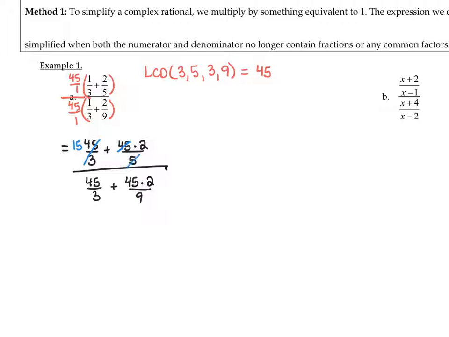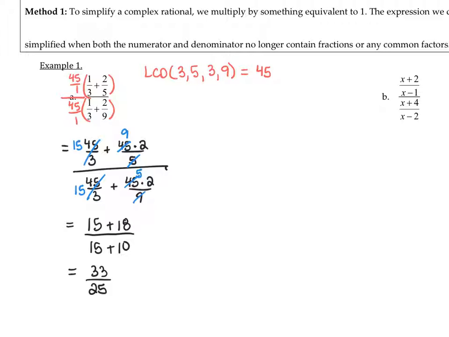Here I can do 45 with 5 and get 9 times 2. 45 over 3 again is 15. 45 divided by 9 is 5, or 5 times 2. So now I have 15 plus 18, over 15 plus 10. And we simplify to 33 over 25.